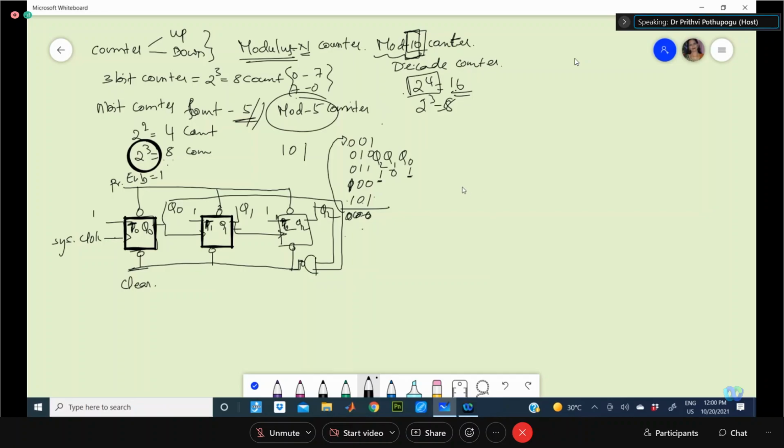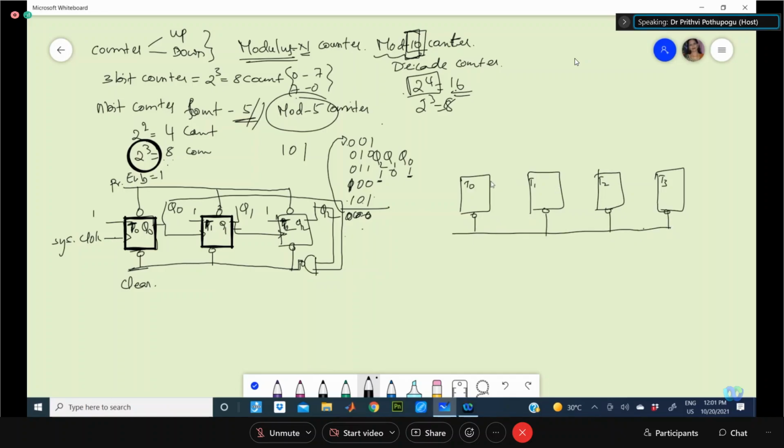What is the size of the counter? It is a 4-bit count. T0, T1, T2, T3, all these connections will be the same. I'm not drawing all of those. The reset connection I'm taking.